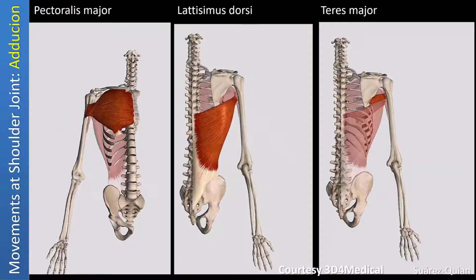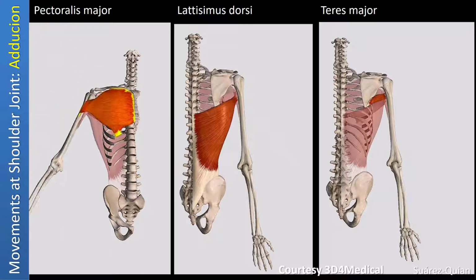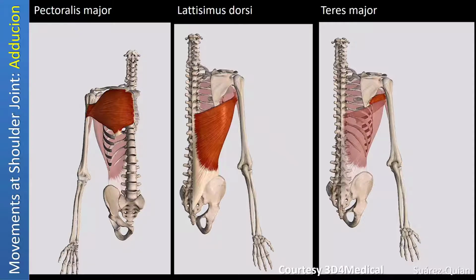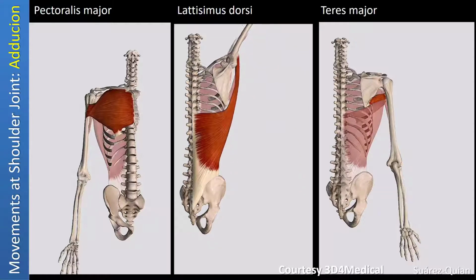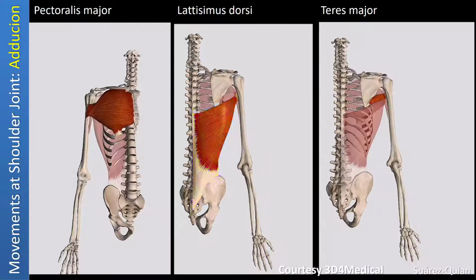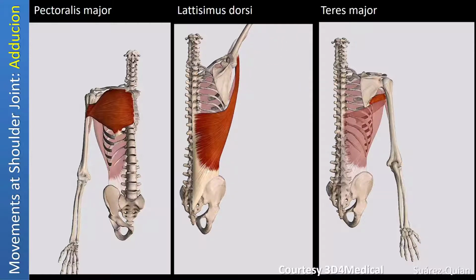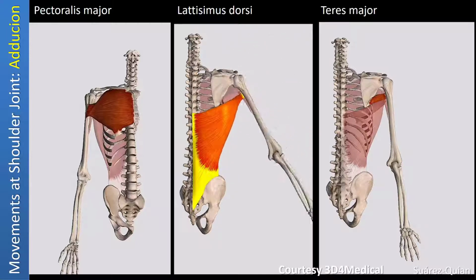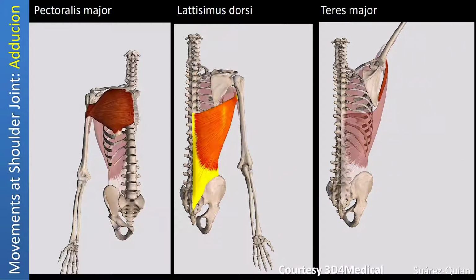In reverse, the pectoralis major, latissimus dorsi, and teres major function in adduction.